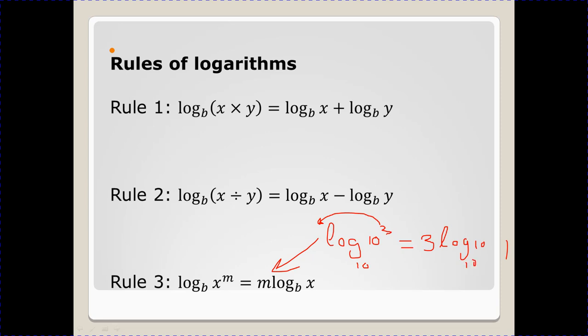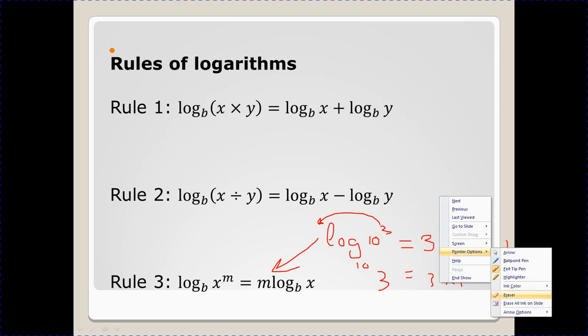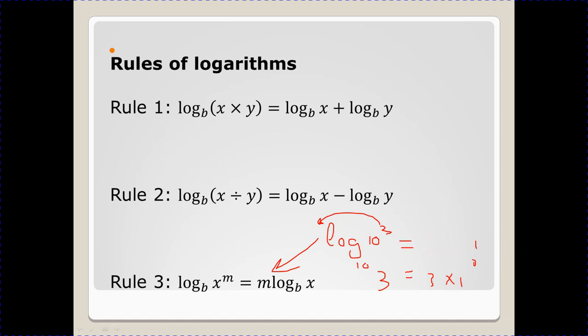The left side is log 1000 at the base of 10, which equals 3. The right hand side will be 3 multiplied by log 10 at the base of 10, which is 1. So 3 equals 3 times 1. So as you see, these are some important rules in logarithm.